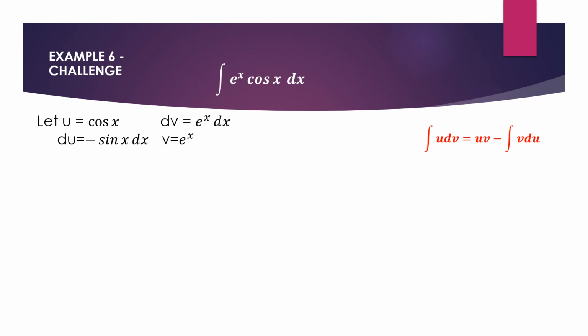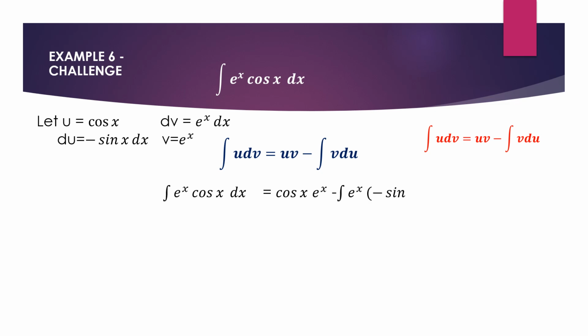Then we get du equal to minus sin x dx, v equal to e^x. Use our formula, we'll get integral e^x cosine x dx equal to cosine x e^x minus integral e^x times negative sin x dx, which is equal to e^x cosine x plus integral e^x sin x dx.